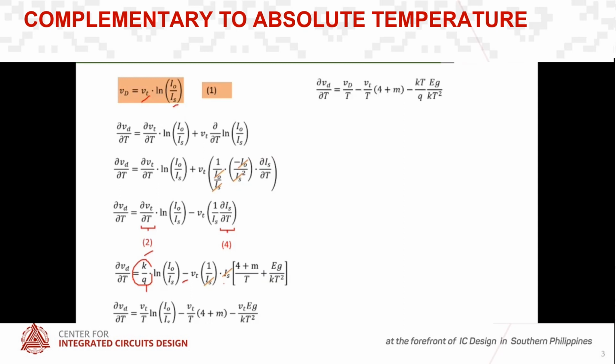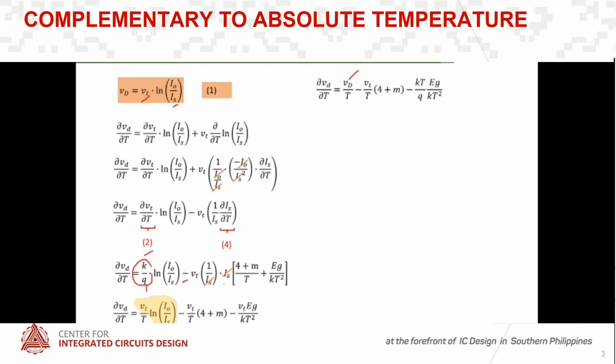We can simplify with that value, knowing that Vt is equal to kT over q. We know that Vt times ln(Io over Is) is just equal to the diode voltage.